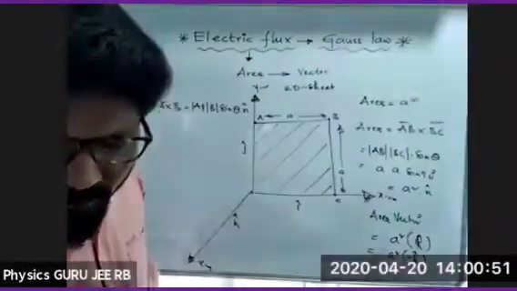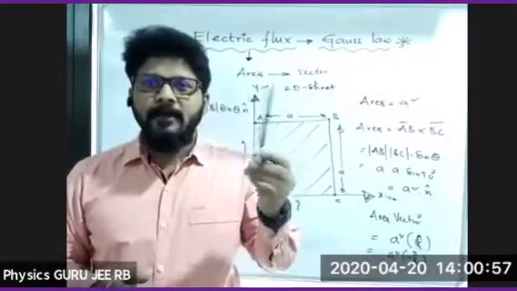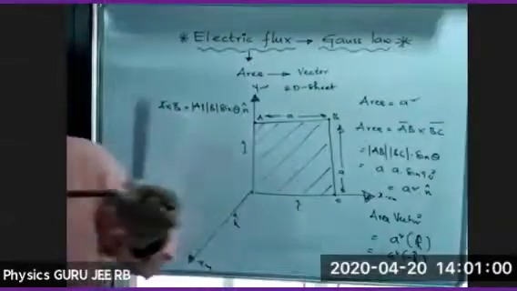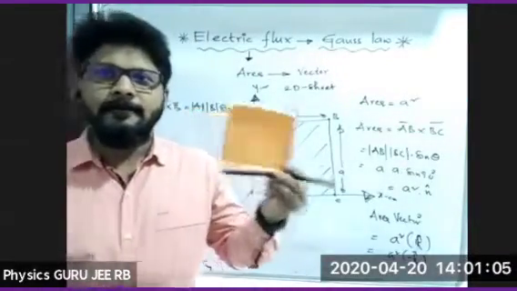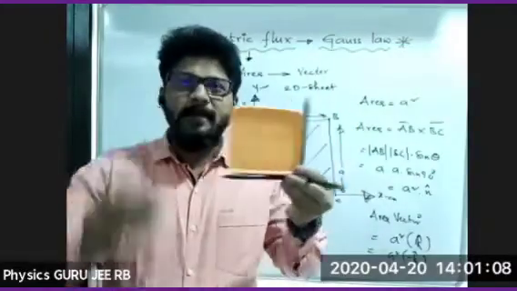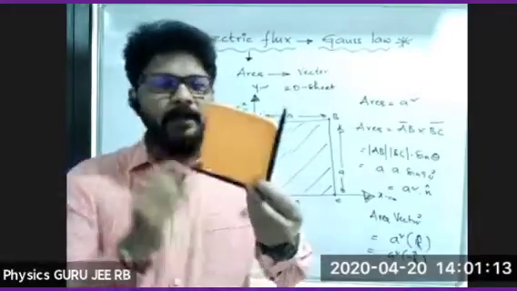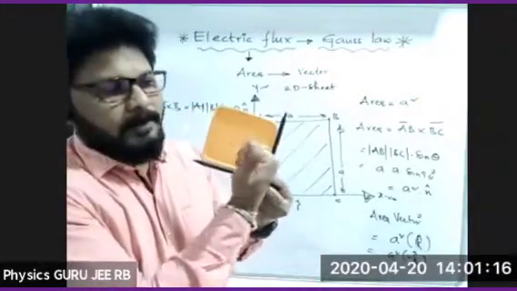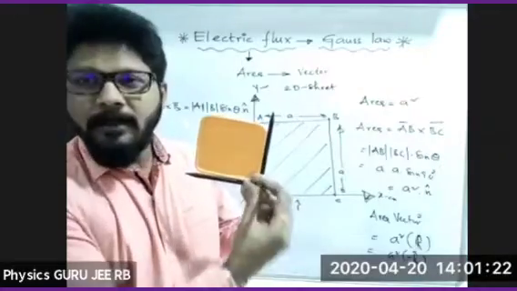Now, let me show this clearly. This is a 3-dimension, clearly. If I take this plate, I place it like this, right? Are you able to see? I placed it actually like this. Now this is nothing but the area. If you curl the fingers like this, it is coming away from it.